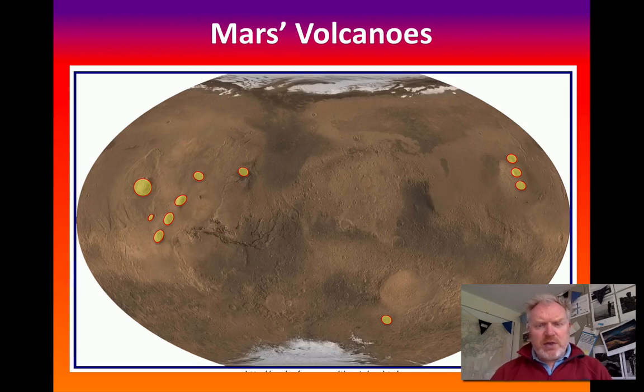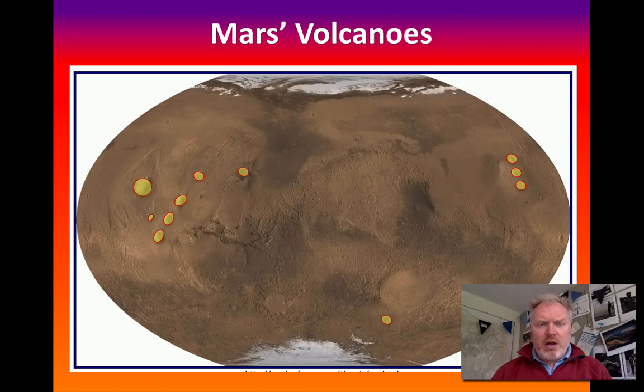You'll notice there's something perhaps unusual. There's a very limited number of these, although we do seem to see clusters and even perhaps some lines of these volcanoes that may indicate perhaps key sources of magma.